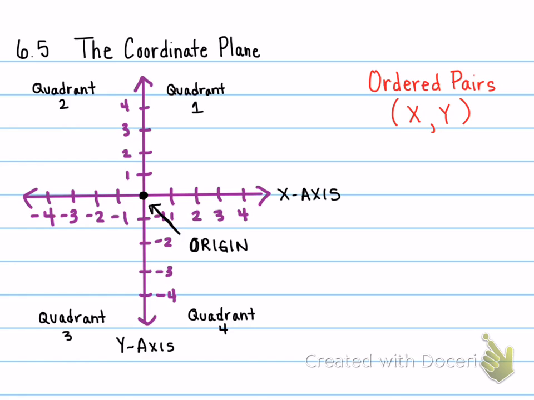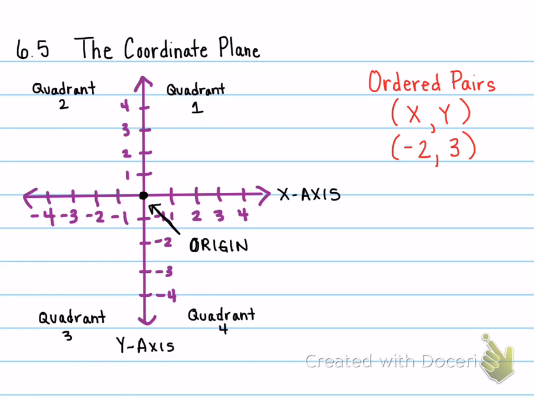So if I'm asking you to plot (-2, 3), what you have to do is move -2 along the x-axis.